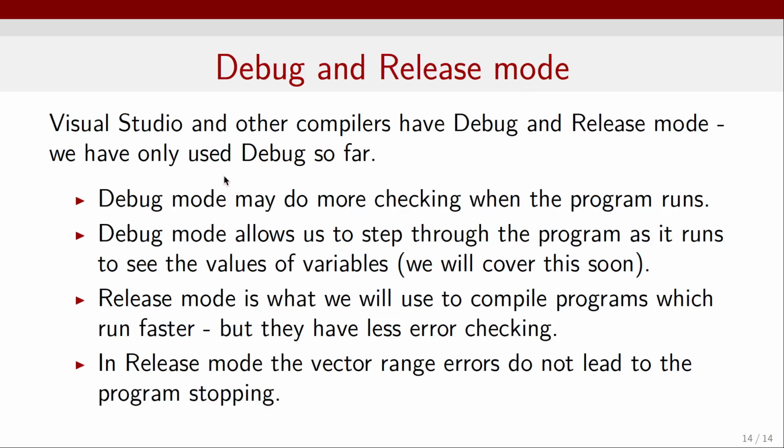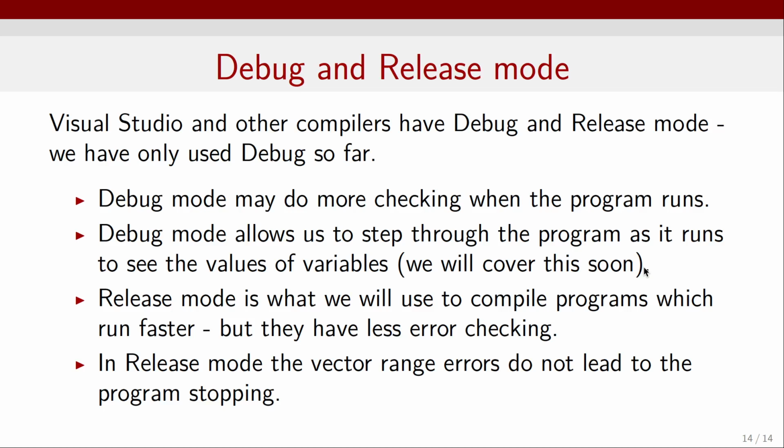Now, Visual Studio and other similar compilers have a debug and release mode. And we have typically been using the debug mode so far. The debug mode may do more checking when the program runs, and it allows us to step through the program as it runs to see the values of variables. We will cover this soon.